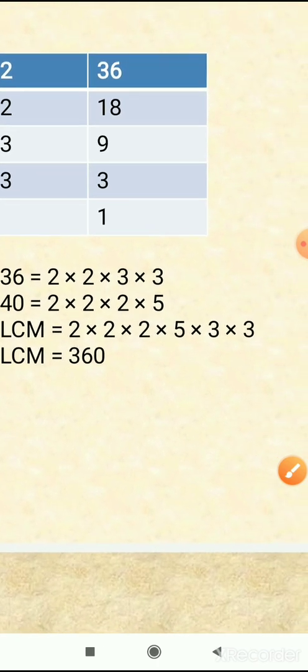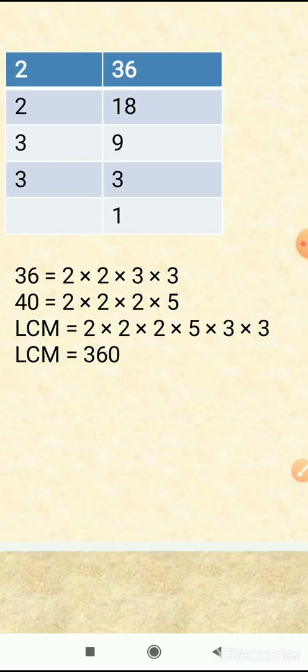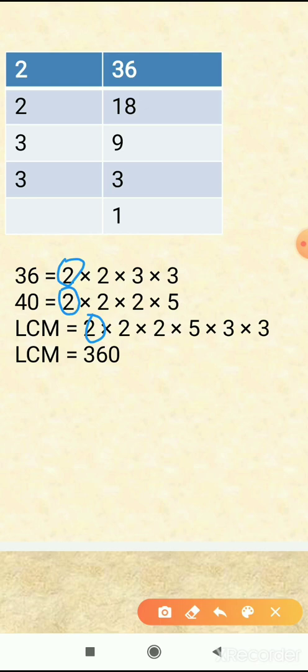Now we have to find the LCM, which means we first have to find the common factors. The common factors of 36 and 40: 2 and 2, so we write 2. Second, 2 and 2, so we write 2. So 2 into 2 are the common factors. Now the remaining are the uncommon factors: 2 into 5 and 3 into 3.